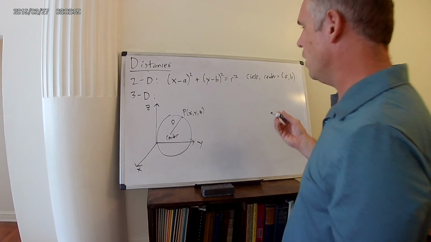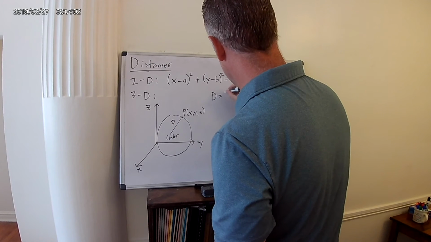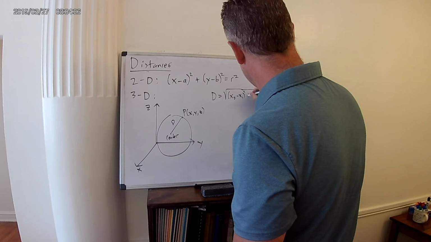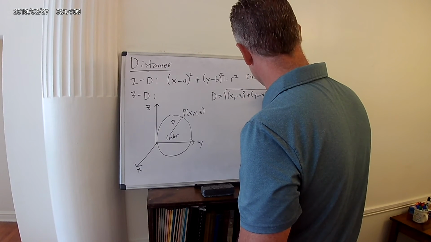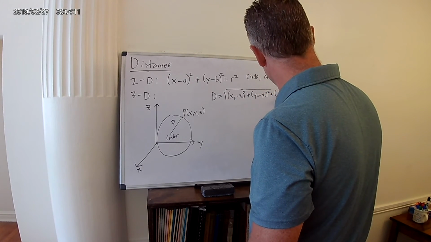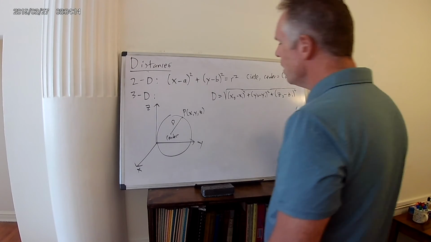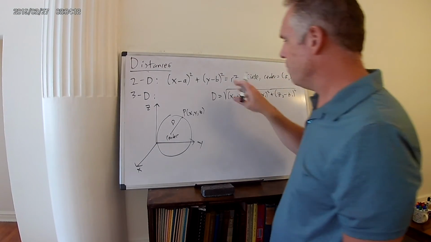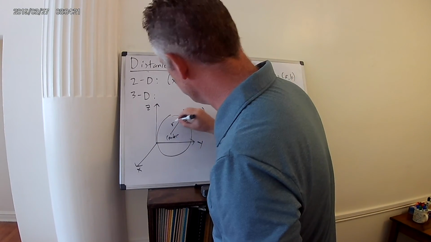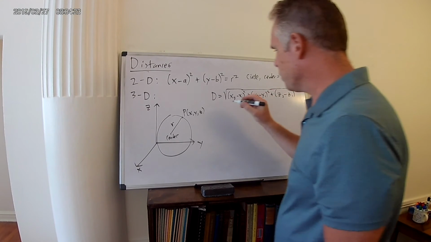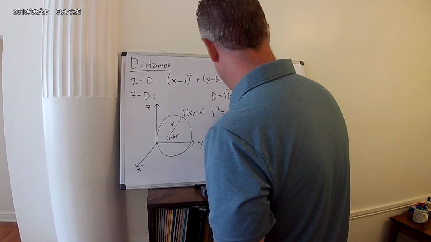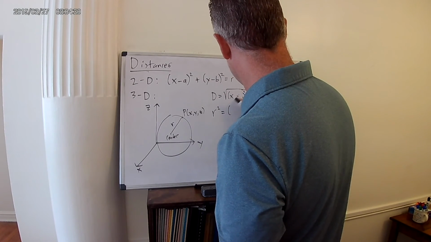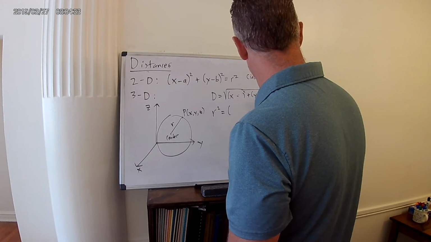Well, our distance formula, the distance between the center and this point on the sphere, equals the square root of (x2 minus x1) squared plus (y2 minus y1) squared plus (z2 minus z1) squared. So all I'm going to do now is square both sides of this equation, and replace the distance with r, because r is the radius of our sphere. Oh, I'm sorry, I used the wrong letters here.